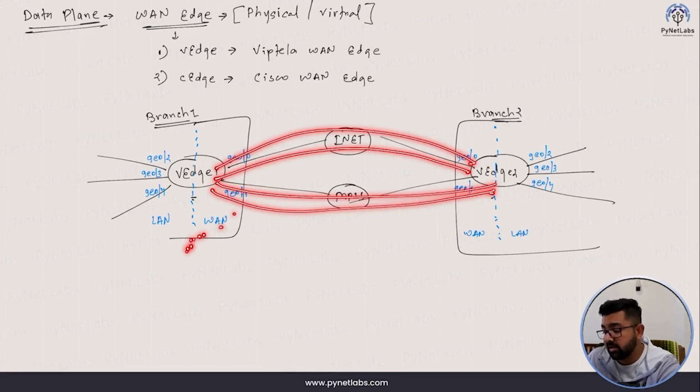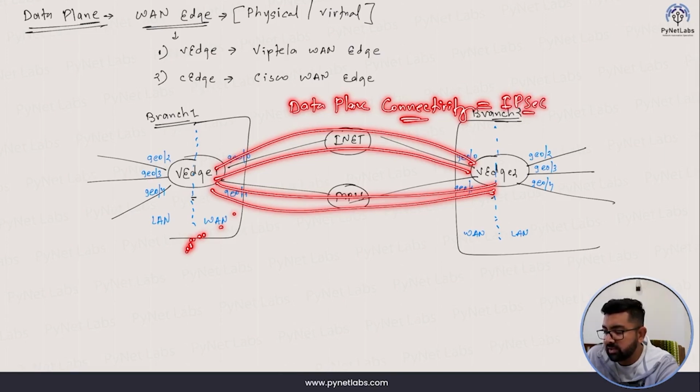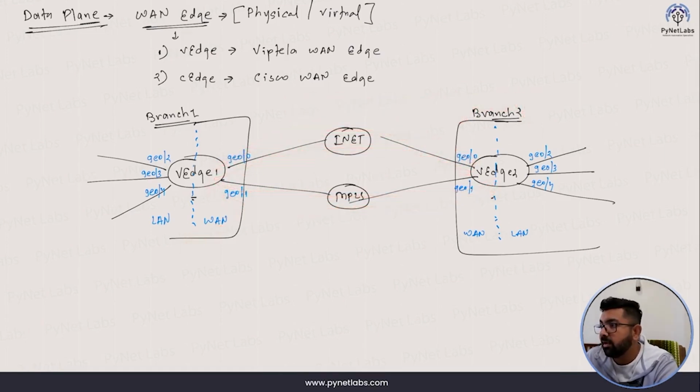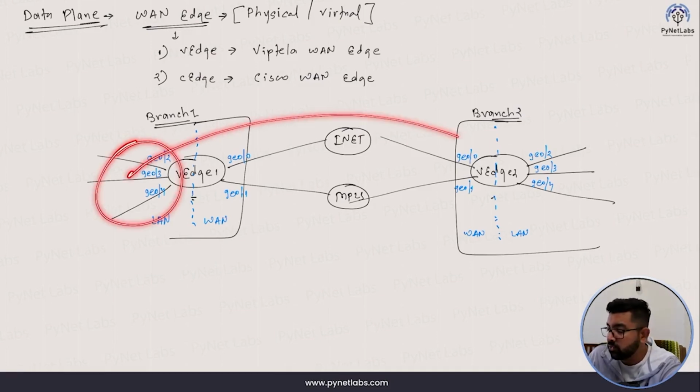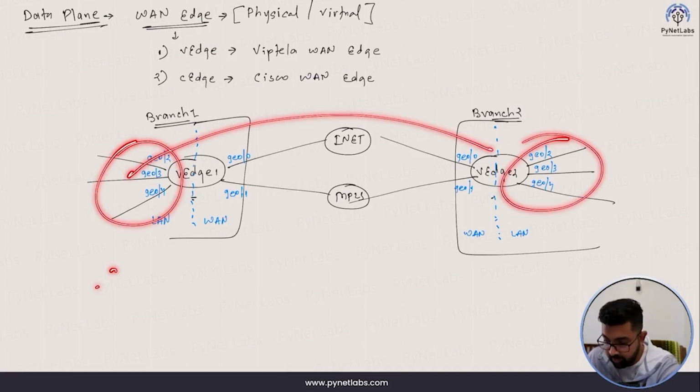And once these tunnels are formed, then you can say that we have data plane connectivity. So data plane connectivity is provided using IPsec tunnels. When this overlay connection is established, that overlay tunnel will only be used for forwarding the user traffic from one point to the other point.